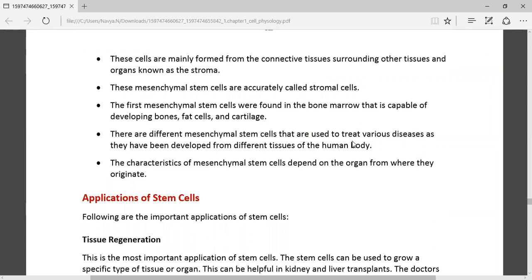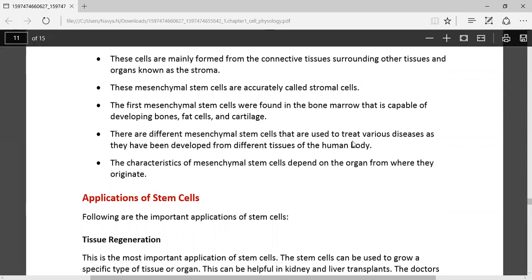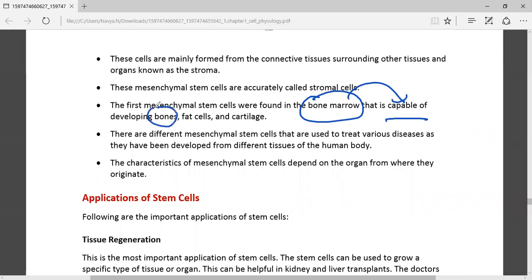They are capable of developing into bones, fat cells, and cartilage. And there are also different mesenchymal stem cells.